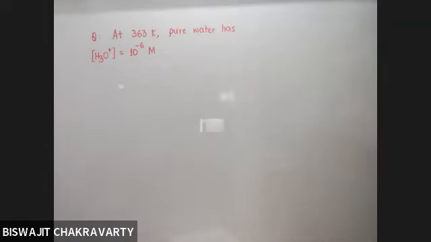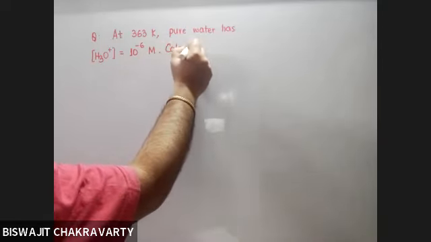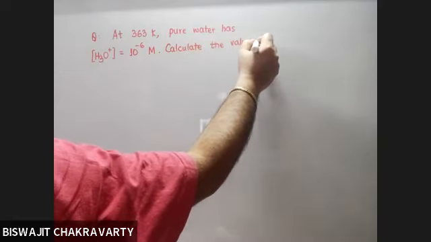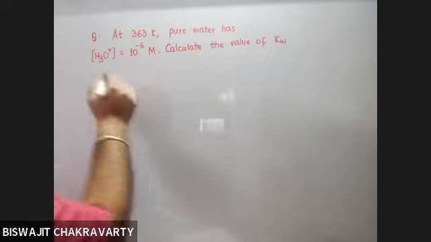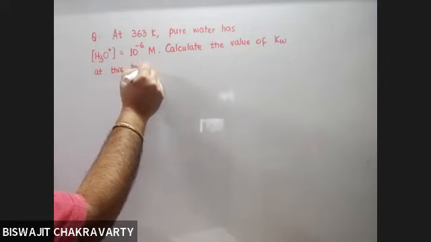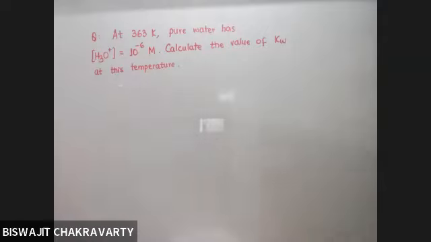If it had been 25 degrees Celsius, I would have written 298 Kelvin. The temperature is changed. Pure water has H3O plus equal to 10 to the power minus 6 molar. Calculate the value of Kw at this temperature.